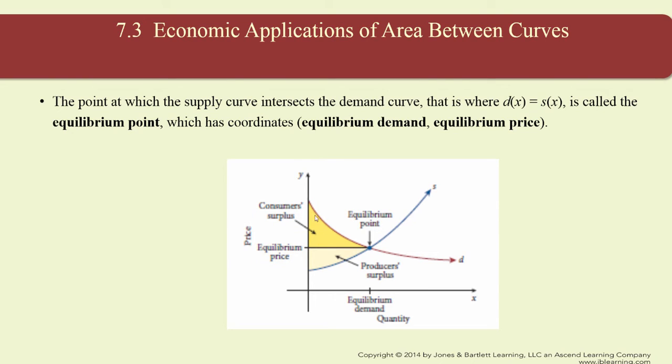The region between the demand curve and price is consumer surplus at equilibrium. The region between the supply curve and price is the producer surplus at equilibrium. And it's easy to find the area between two curves: it's always integrating the top curve minus the bottom curve.